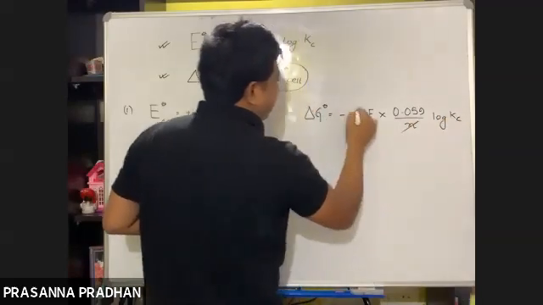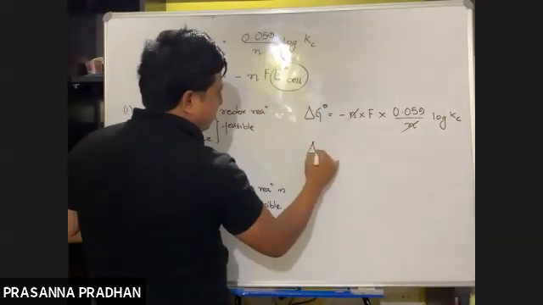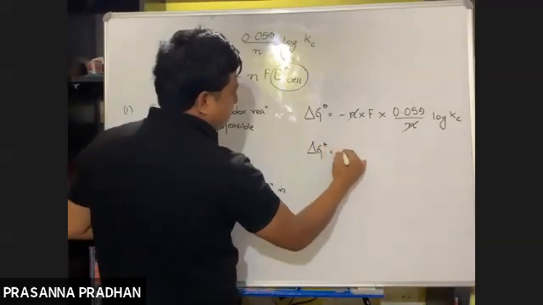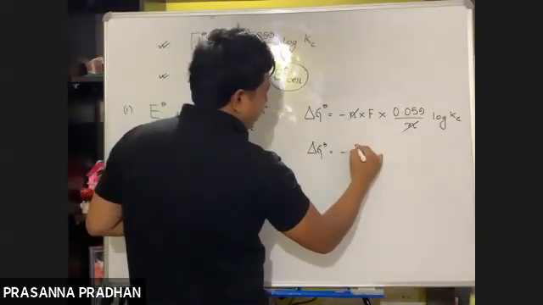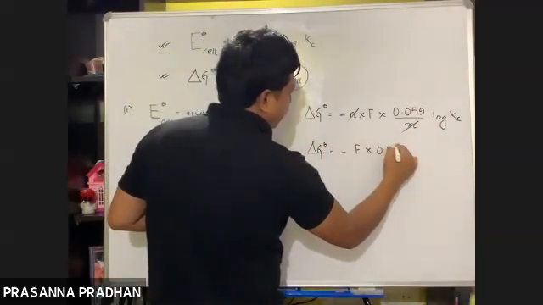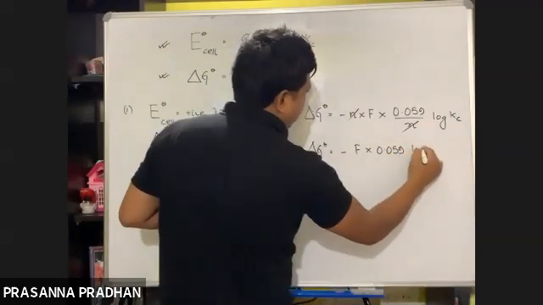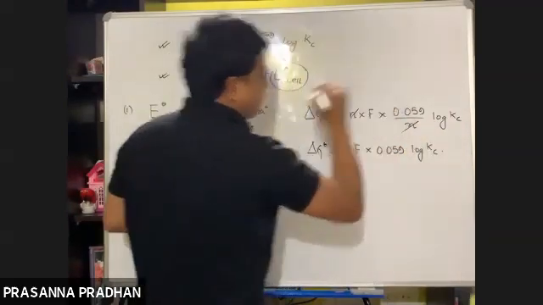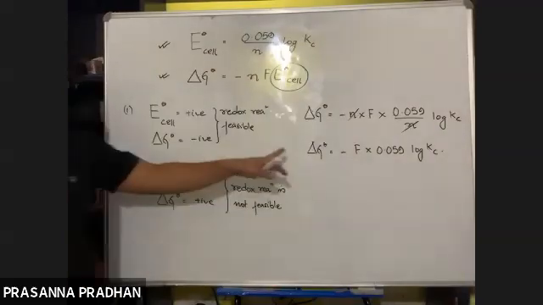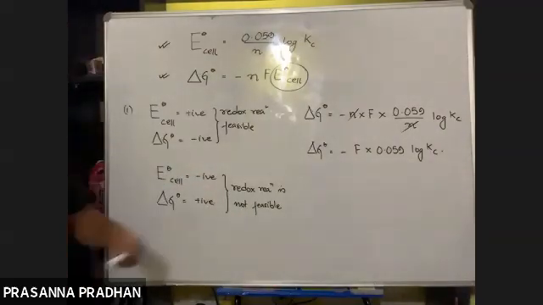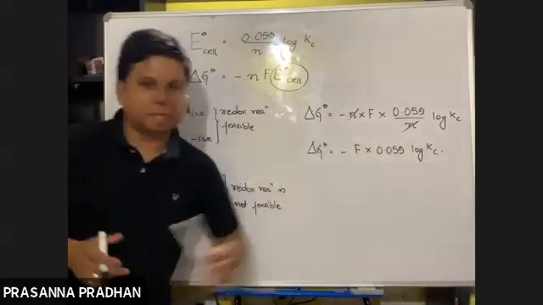So n will get cancelled. Therefore, delta G naught will be equal to minus F into 0.059 log Kc. Again, from here we can establish a relationship between delta G naught and the equilibrium constant.